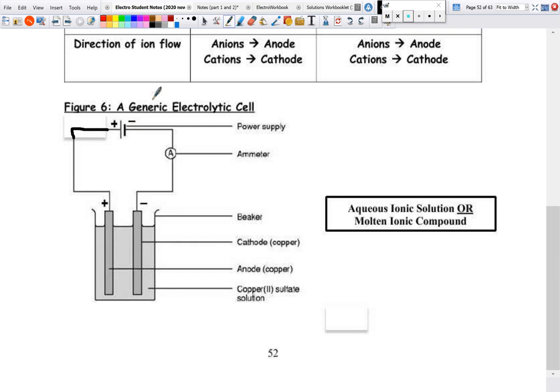Now, remember, our power supply is technically a voltaic cell. So how this works, it's still going to be the same, is that the electrons are still going to flow from the negative terminal because this is where they're originating.